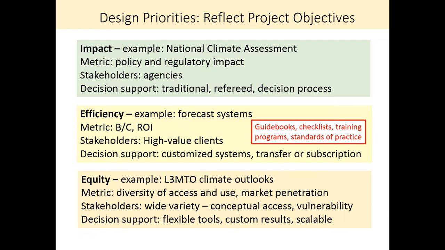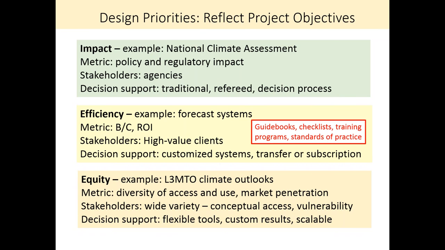If our sector is water resources, is our tool reaching a big portion of the water resources sector? An example of this, I would say, is the seasonal climate outlooks, and then bringing that down to the local 3-month temperature outlooks for particular locations.